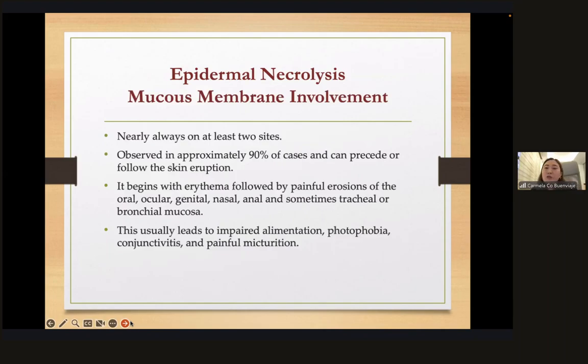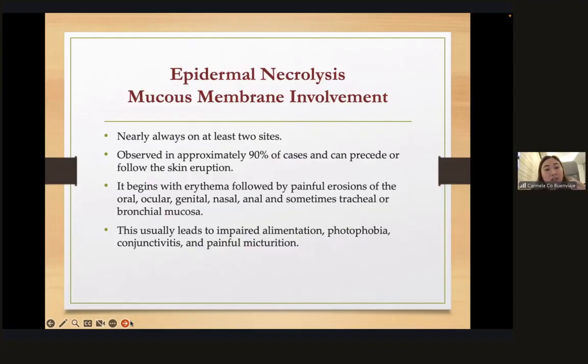So next, for mucous membrane involvement in epidermal necrolysis, it's nearly always on at least two sites of mucosal membrane. Mucosal membrane involvement is almost always observed in these patients, approximately 90% of cases, and can precede or follow the skin eruption. So either skin eruption first or mucosal involvement first.